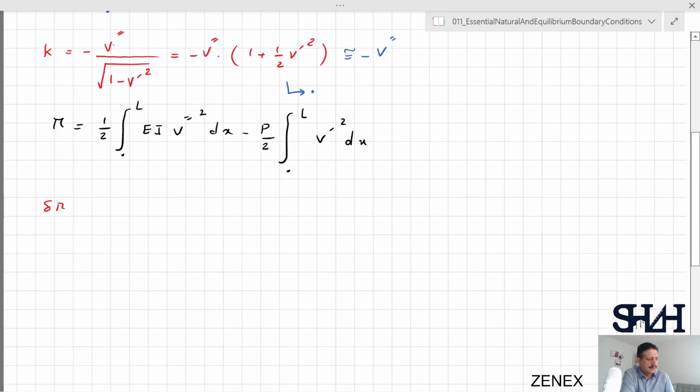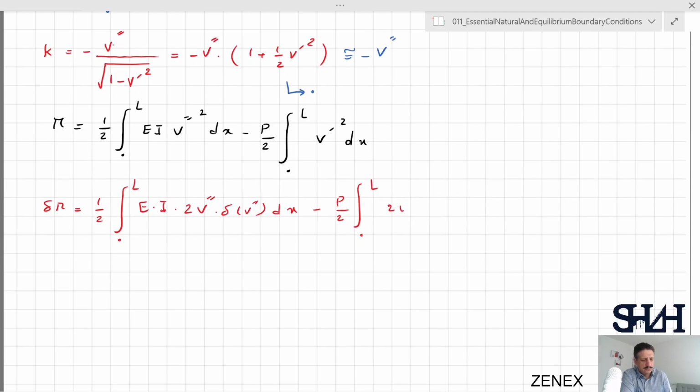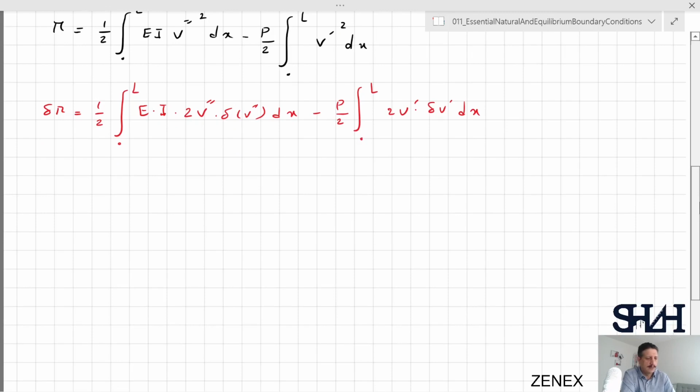So delta pi will be 1 over 2 integration 0 to L of EI. Now we need to take the derivative of the variable, which is the second derivative of V to the power of 2. So it will be 2 times the second derivative of V with respect to delta second derivative of V dx, minus P over 2 integral from 0 to L, for V prime it will be 2 V prime delta V prime dx.